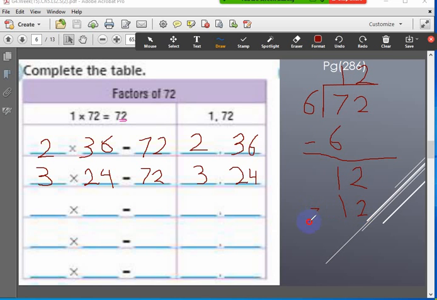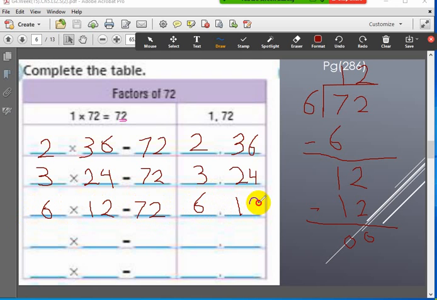Then if you subtract, the remainder will be 0. The quotient is 12. That means the factors of 72 are 6 and 12. 6 multiplied by 12 equals 72. So from the divisibility rules, I know the factors, which are 6 and 12.